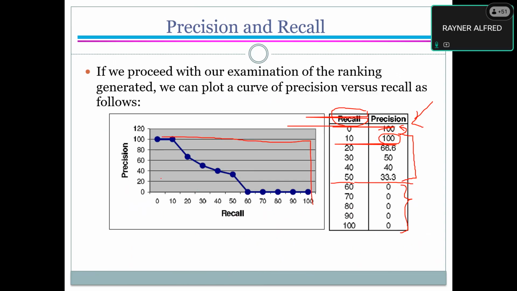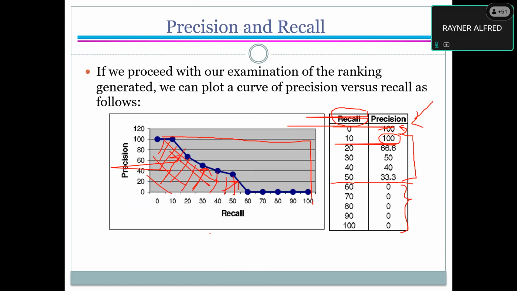We want to extend the area under the curve. So that means we can say that a system is better if the area under the curve is larger, right? Area under the curve is this one, keluasan di bawah graf itulah. So we want to maximize this.